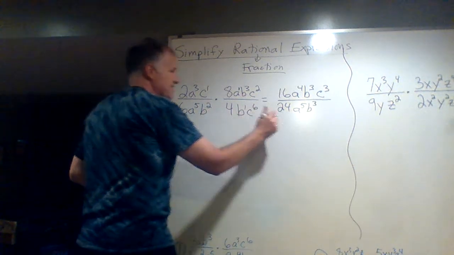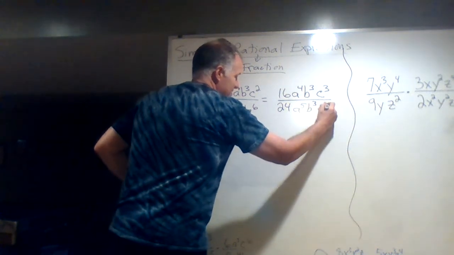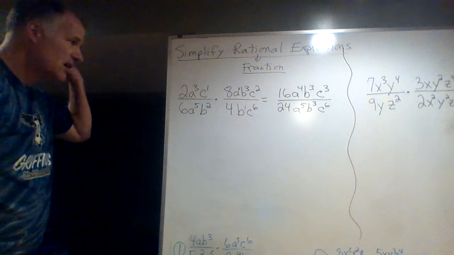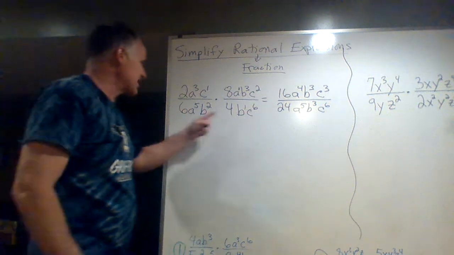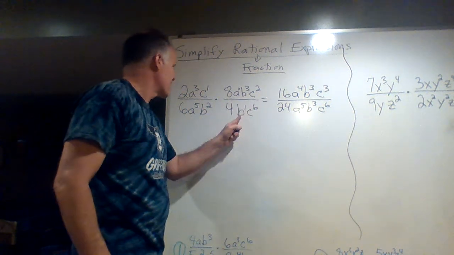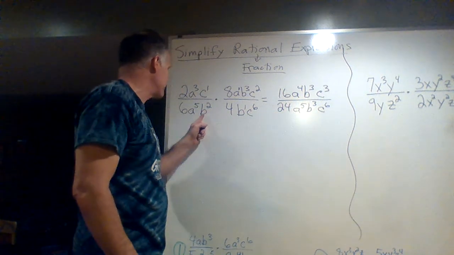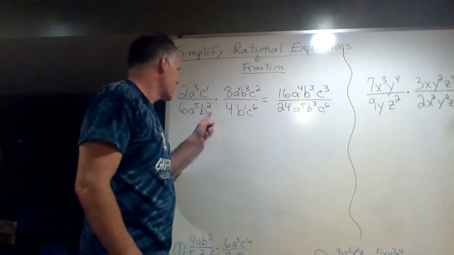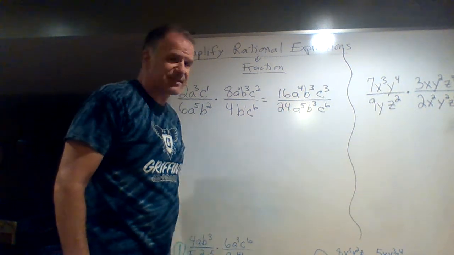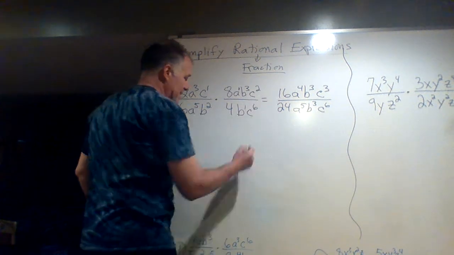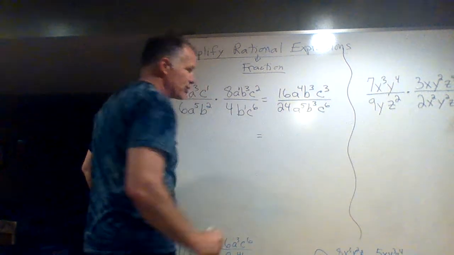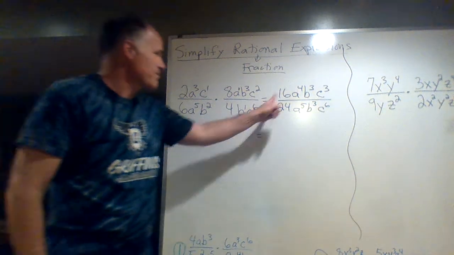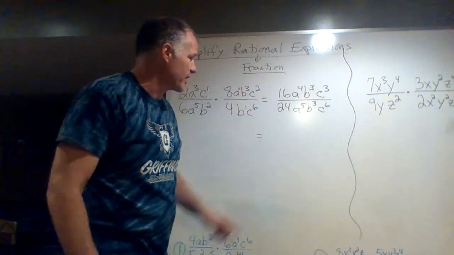No c and c to the 6 is actually c to the 6. So again, 6 times 4, 24, a to the 5, b cubed, c to the 6. Now really guys, we're back to what we've been doing.